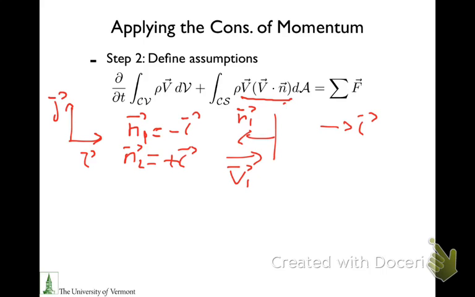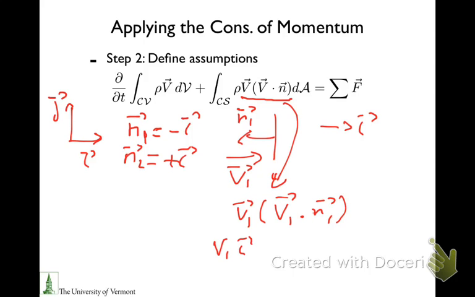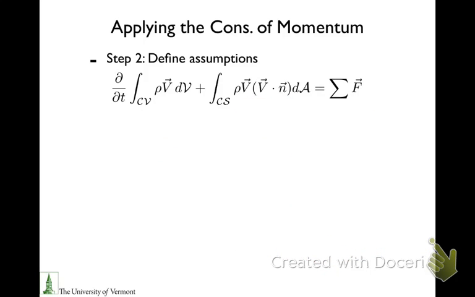So this term here becomes V1 times V1 dot N1, which is equal to the norm of V1 I times the norm of V1 I scalar product minus I. Okay, and so here that's minus 1, so this is equal to minus V1 I. Okay, so that's really important that you do define clearly all of your vectors.